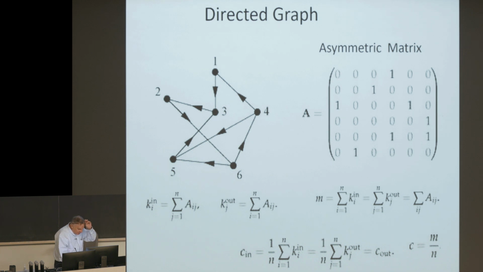Now we can also talk about directed graphs. For example, the graph of citations is a directed one, because one paper cites the other. In these cases, the mathematics is exactly the same, except that the adjacency matrix is not symmetric.